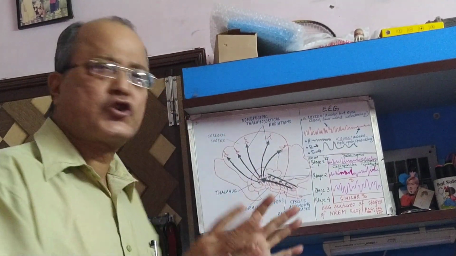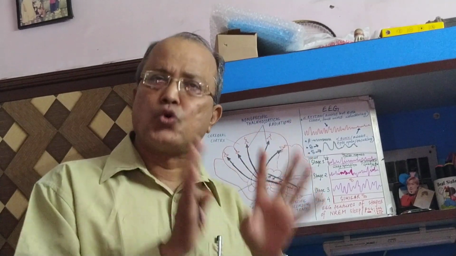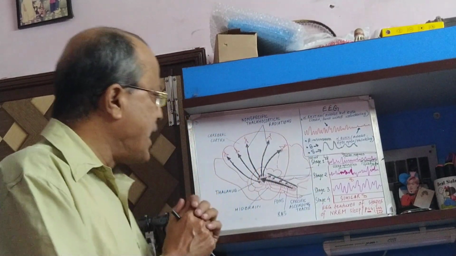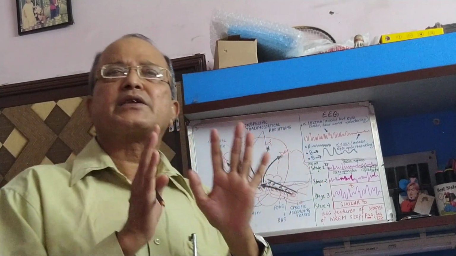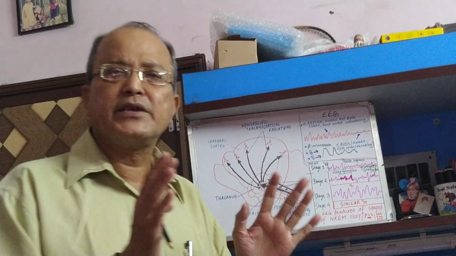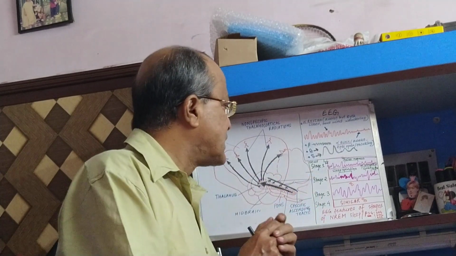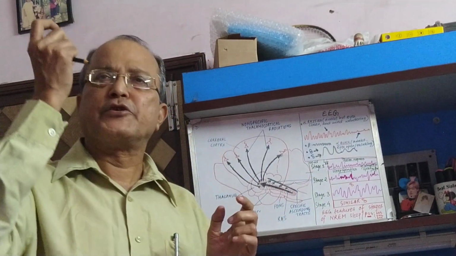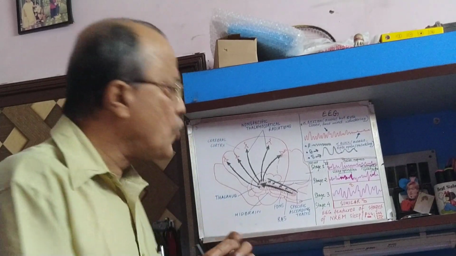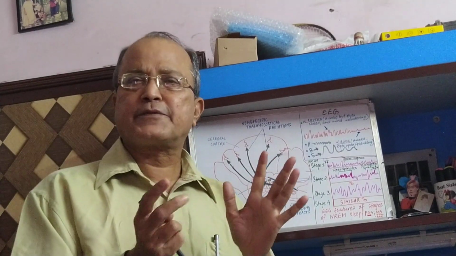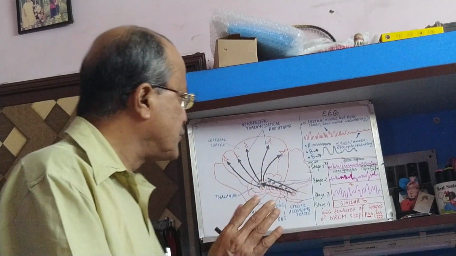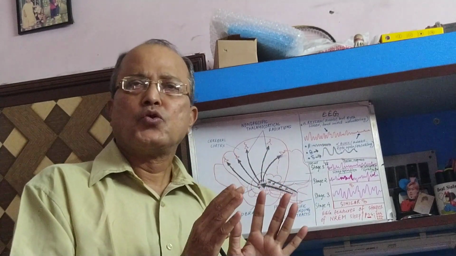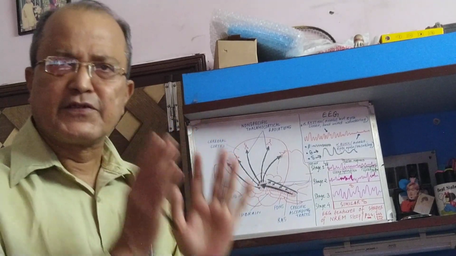There is reduction of the skeletal muscle tone of the body, and there is decrement in the rate of respiration but increment in the amplitude of respiration. That is, the depth of respiration goes high, whereas the rate of respiration becomes low. So these are the different physiological parameters which are associated with sleep.